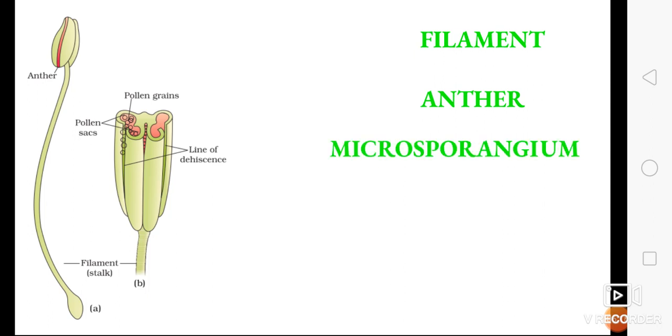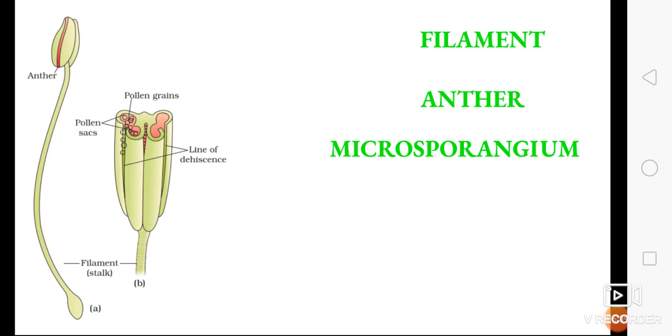Angium means vessel or cavity. When this microsporangium becomes mature, another name is given to it. It is pollen sac.